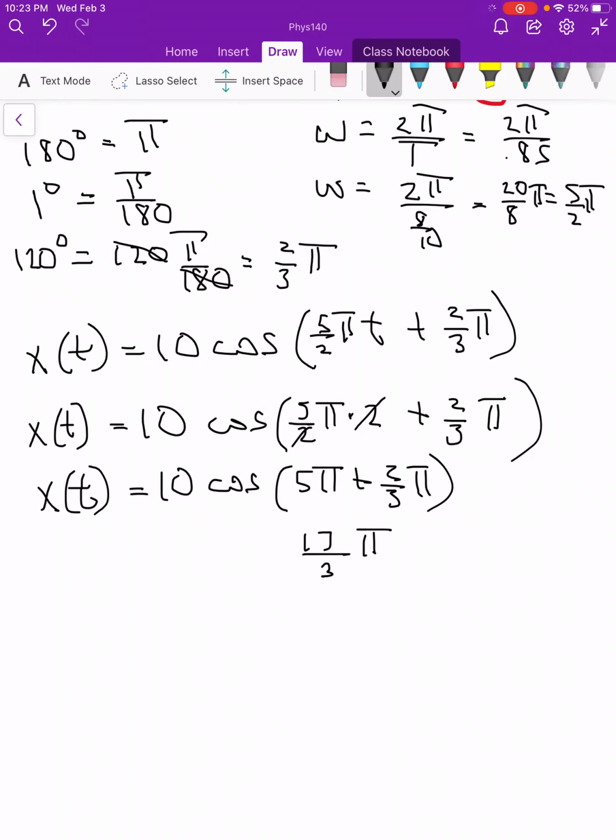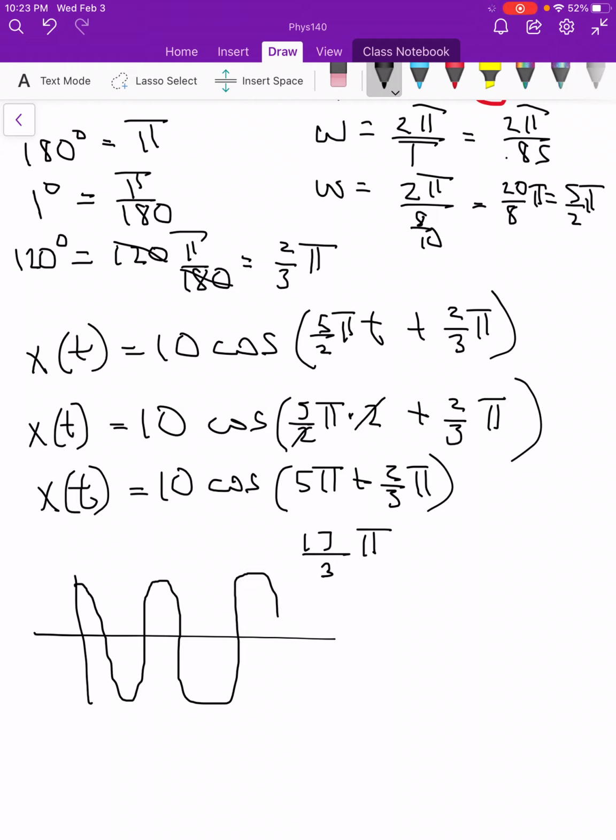But instead I decided, well, I want to think about just a cosine graph. If I have a cosine graph and I want to know what 5 pi plus 2/3 pi gives, I'm just going to draw it out. So there's 2 pi, and there's another 2 pi, so I'm at 4 pi, and now I go down here and I'm at 5 pi. Okay, so I'm at 5 pi, which says I'm to the left.